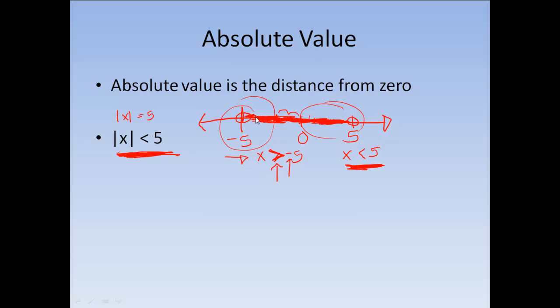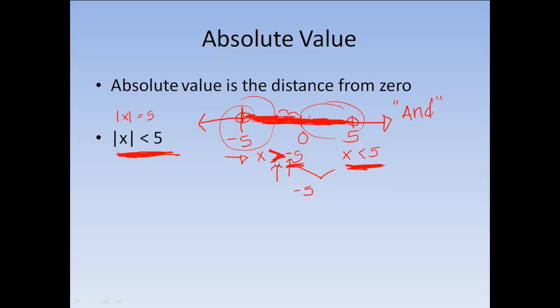Now if you think back to compound inequalities that we've done, when we shade towards each other we often call that an AND inequality, because you have to be less than 5 and greater than -5 at the exact same time. So we would write this inequality just as one string. We would start with the -5 because that's our smallest, put that on the left.